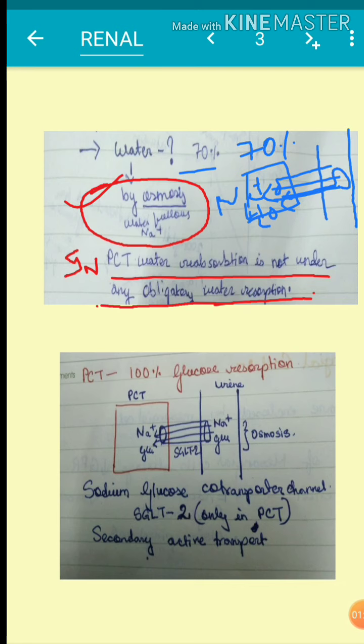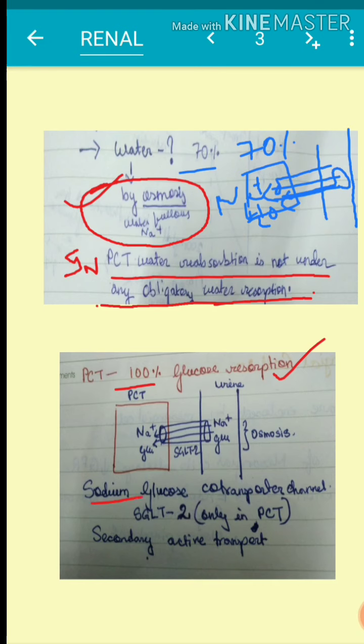Now we will come to glucose resorption. In PCT, glucose is the only substance which is resorbed 100%. Like all of the glucose gets resorbed in the PCT itself. So how does it occur?